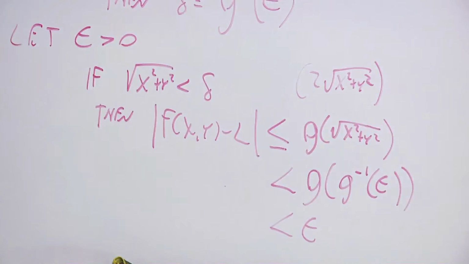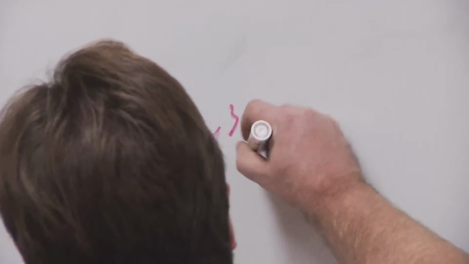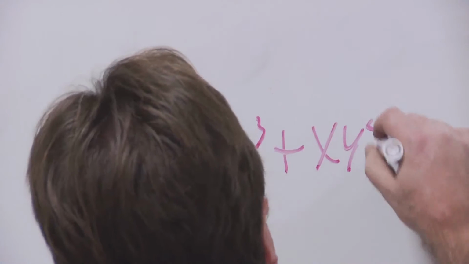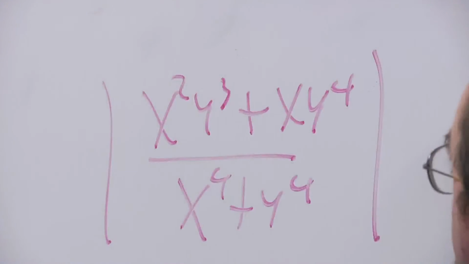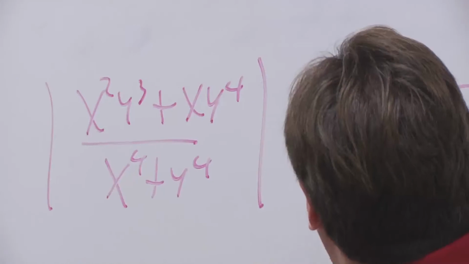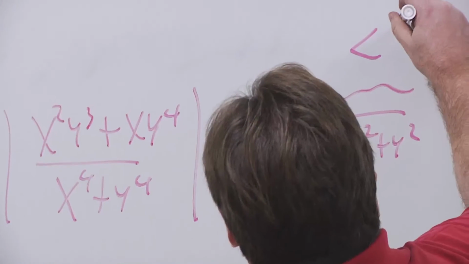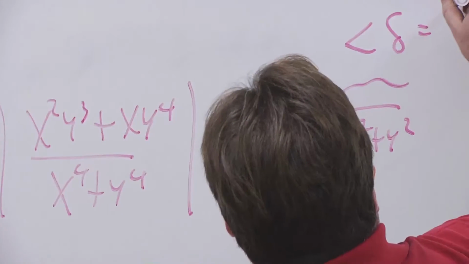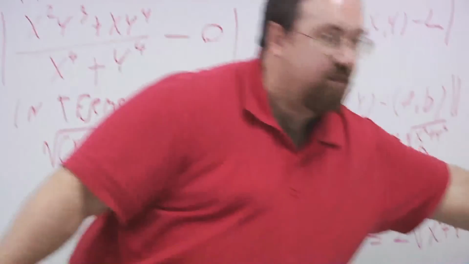So, applying this to this specific problem, you have x squared y cubed plus xy to the 4 over x to the 4 plus y to the 4, which is less than 2 square root of x squared plus y squared. But this is less than delta, which is equal to epsilon over 2, because that's how it was chosen earlier.